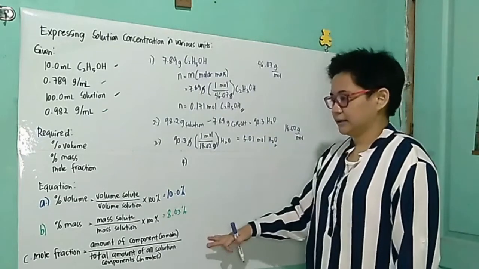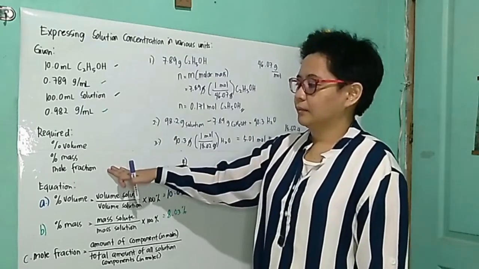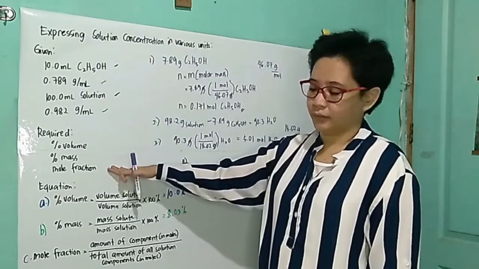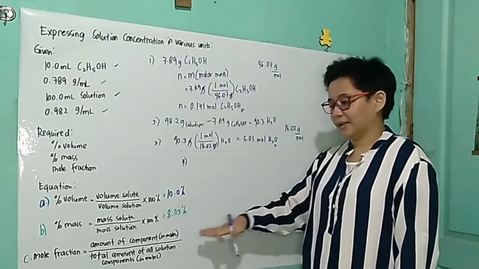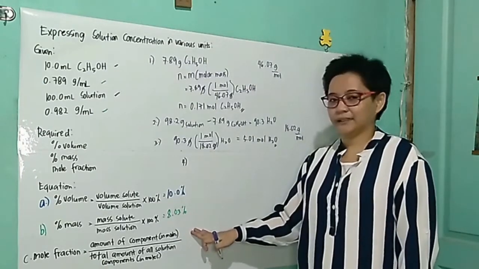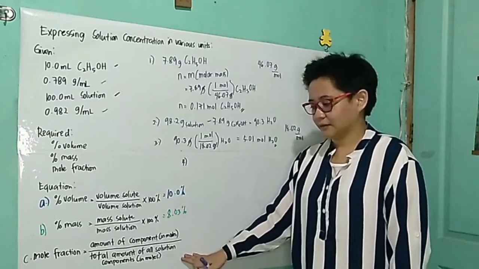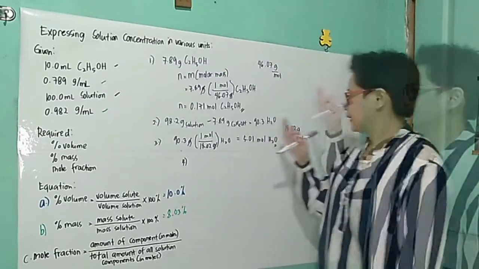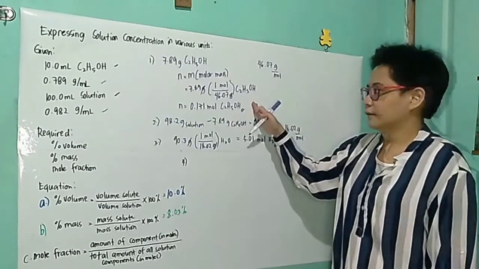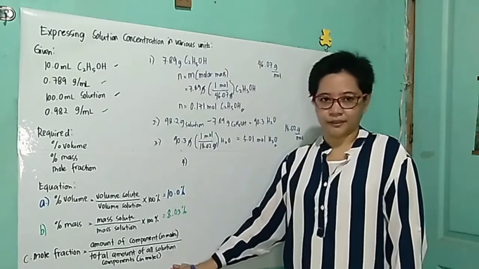Since our required is mole fraction of ethanol, we will use the amount of ethanol as the dividend, and the total number of moles of ethanol and water as the divisor.